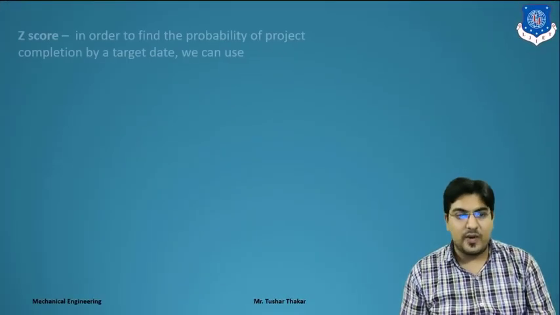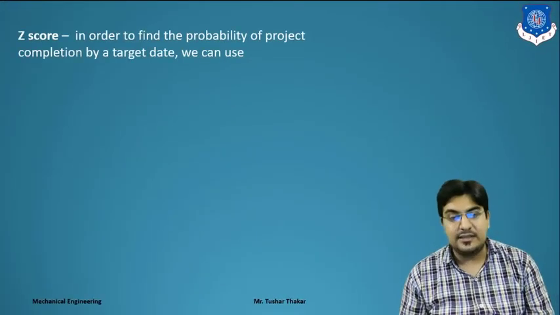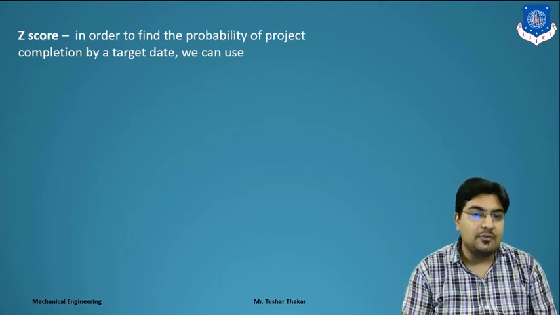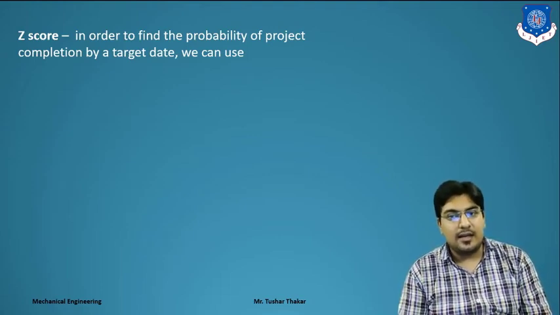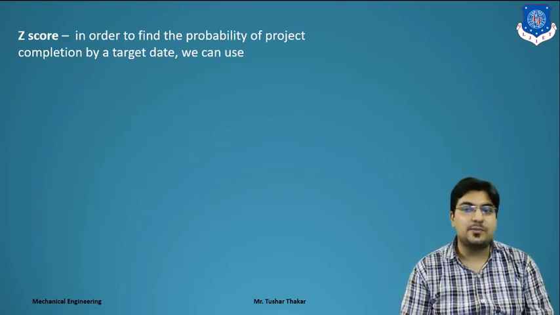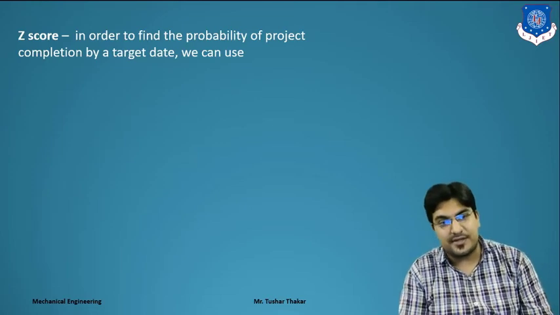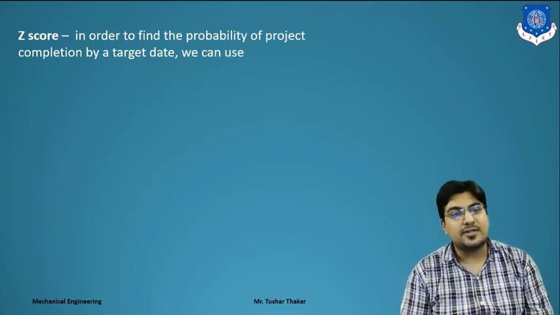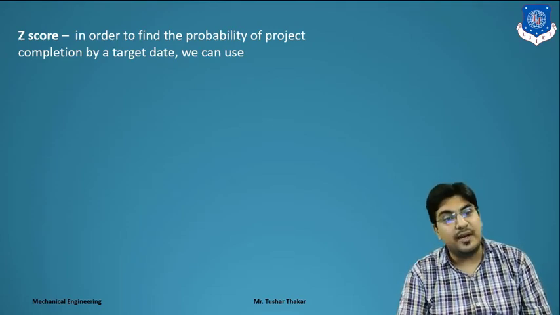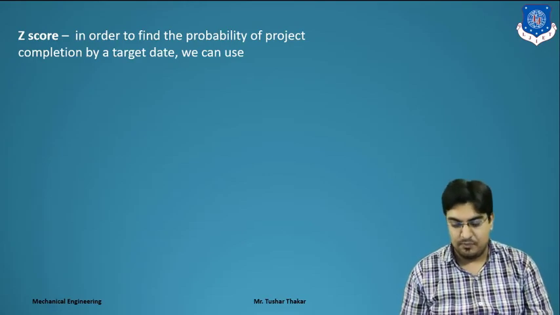After getting the Z value, you have to refer to a table which will be given in the last appendix portion of the Operations Research book. It will provide the probability value for the Z-score, the phi value.